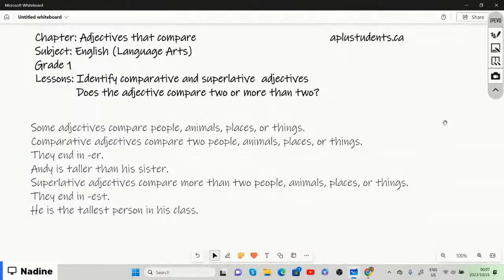That indicates in what manner we can compare people, animals, places, or things. We're first going to the first one, which is comparative adjectives.